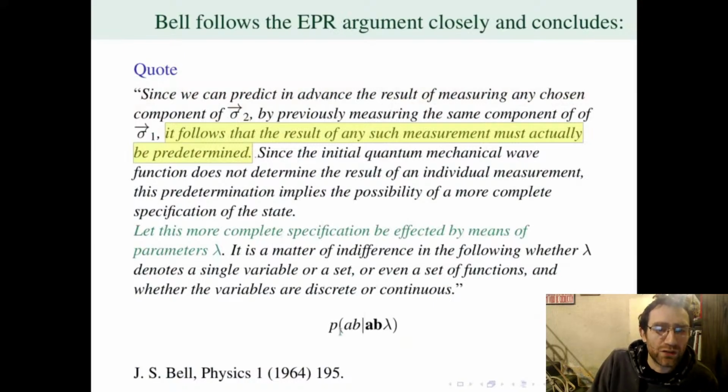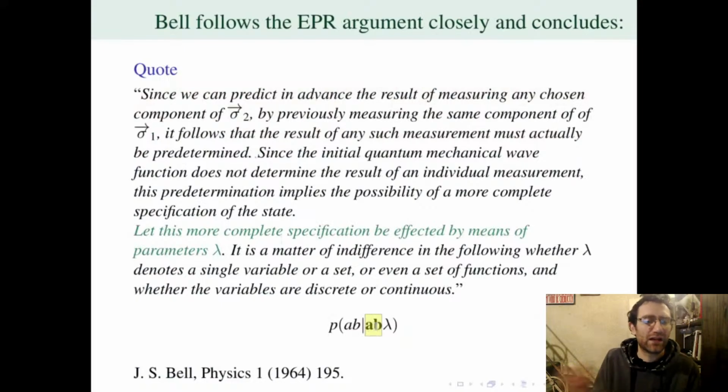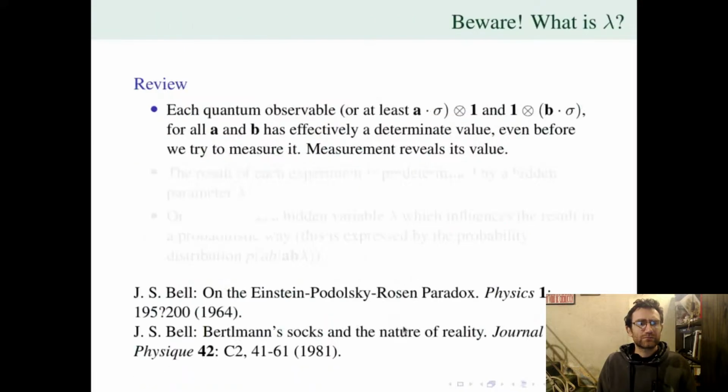The crucial quantity here is the probability of observing the results A and B, given that the first and second experimenters measure A and B (bolded) respectively, and given that the system is prepared with hidden parameter lambda. This is the fundamental quantity out of which correlations will be built and computed.